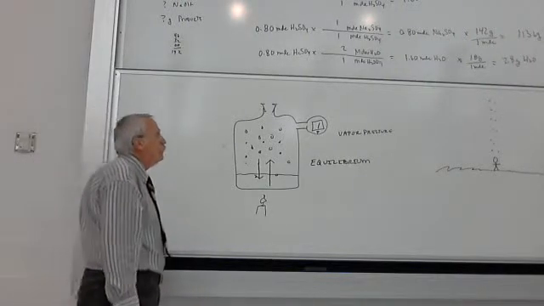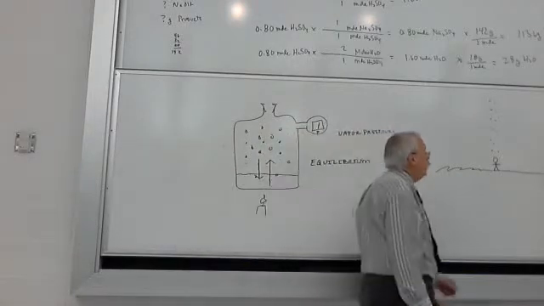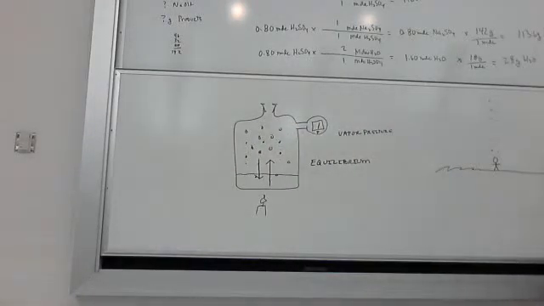Now, does that mean that if we did an experiment on these 3 locations, we would get the same value for the boiling point of water? No. Why? Because the atmospheric pressure is different in different locations. And so I'm going to reach that local value at a different temperature each time. Okay?